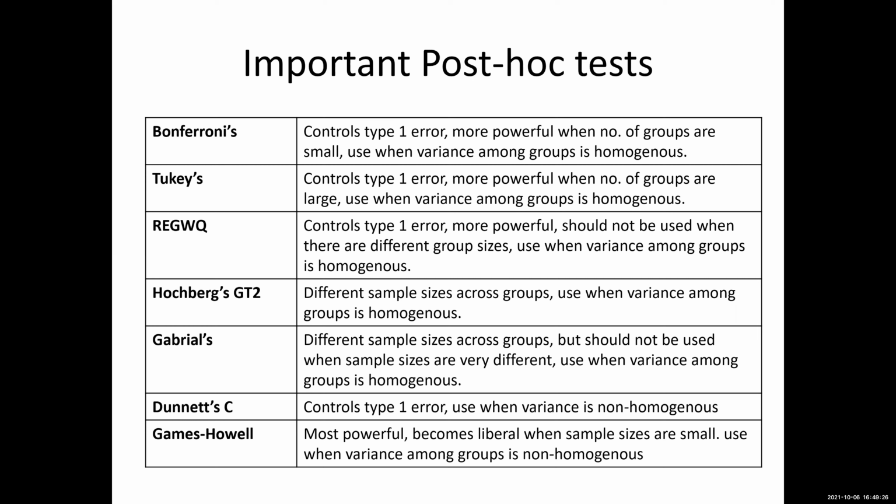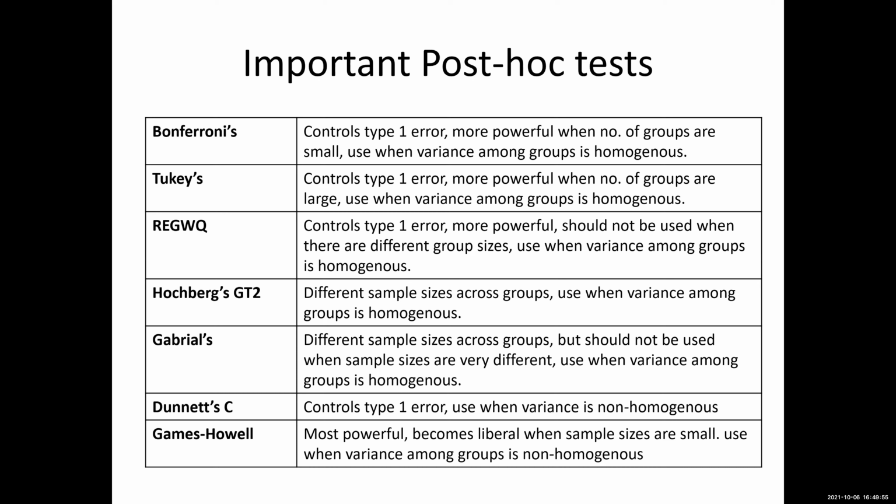And then you have Hochberg's GT2. This is used when you have different sample sizes across groups and when variance is homogeneous. And then you have Gabriel's, again, different sample sizes across groups, but it should not be used when sample sizes are very different. And again, it assumes that variance is homogeneous. The last 2 tests mentioned here on the slide assume that the variance across groups is non-homogeneous.